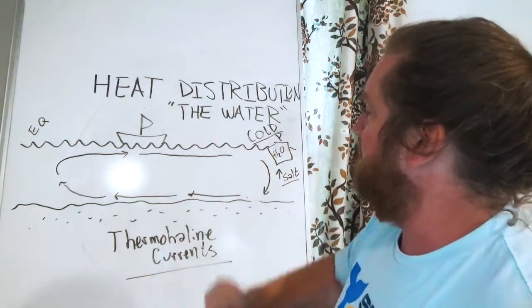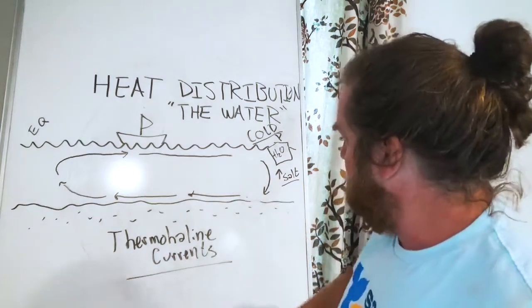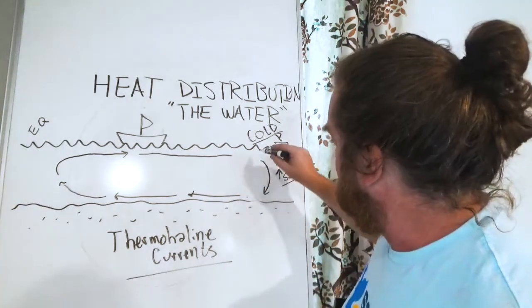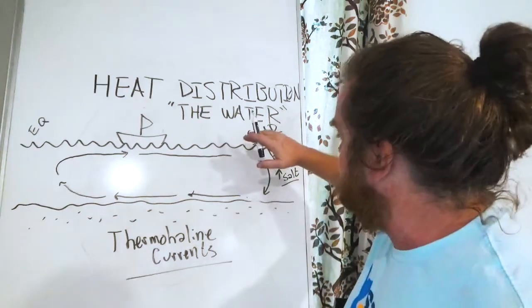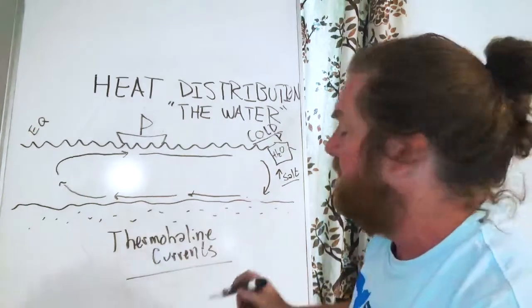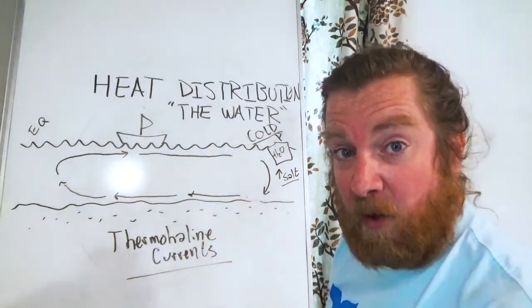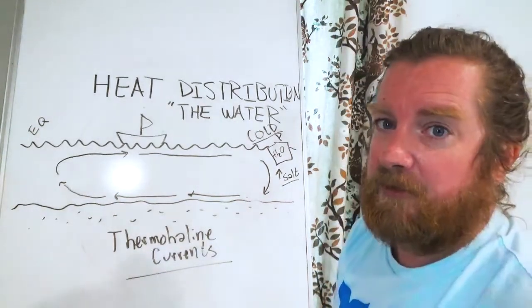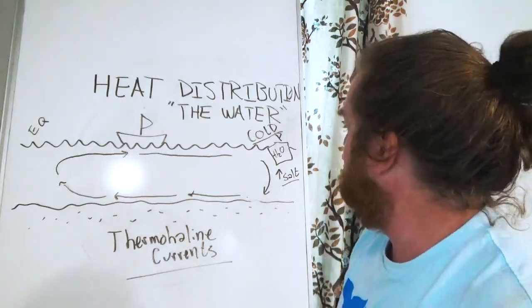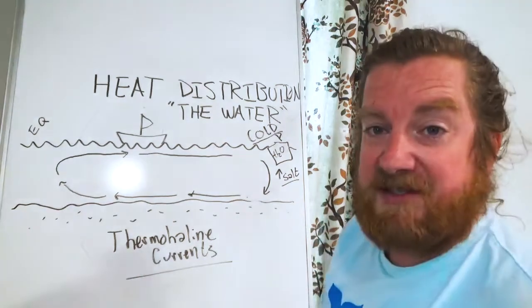And one of the things that we're going to explore is that the speed that this drops, or kind of the force with which these cold currents are dropping down to the bottom of the ocean, displacing other water, has to do with how cold the water is. Colder water is more dense until you get down to a certain temperature, then things kind of get goofy. But also saltier water.